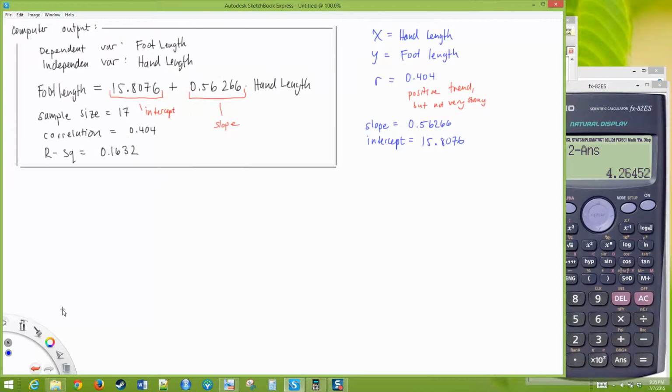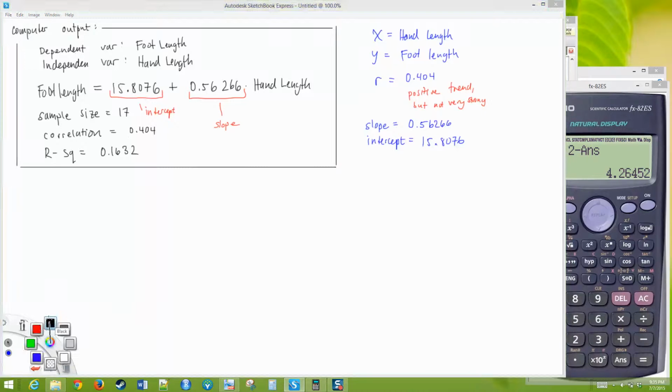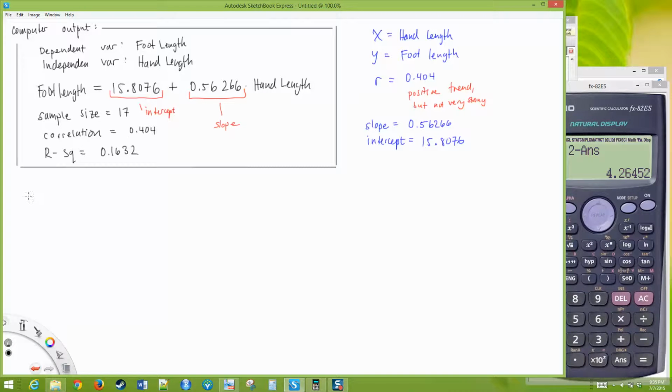So you tell me, I'm going to say make predictions for foot length for someone whose hand length is... Okay, so make a prediction for foot length if the hand length is 16 centimeters, 17 centimeters, 18 centimeters.